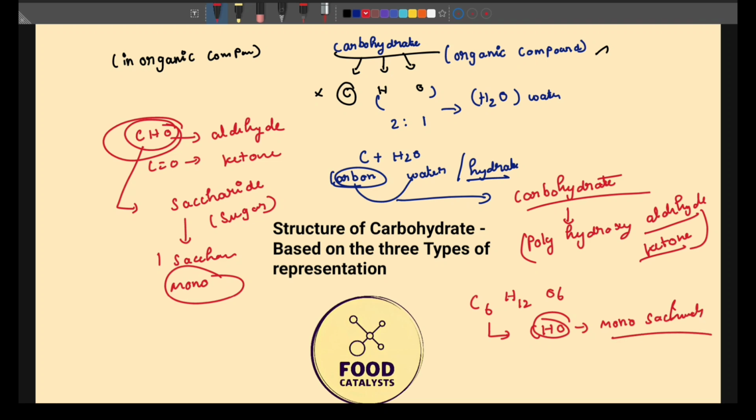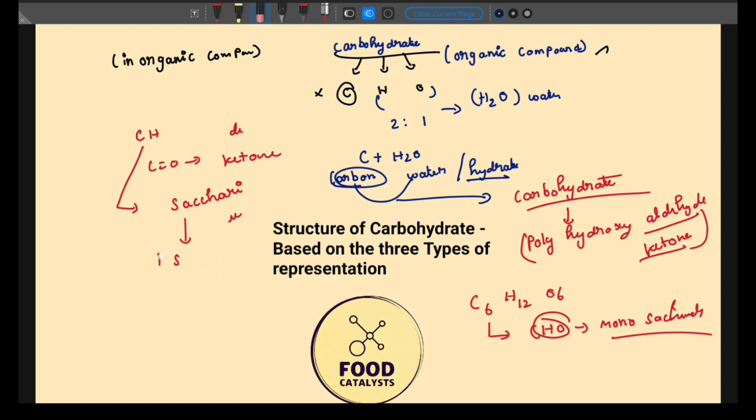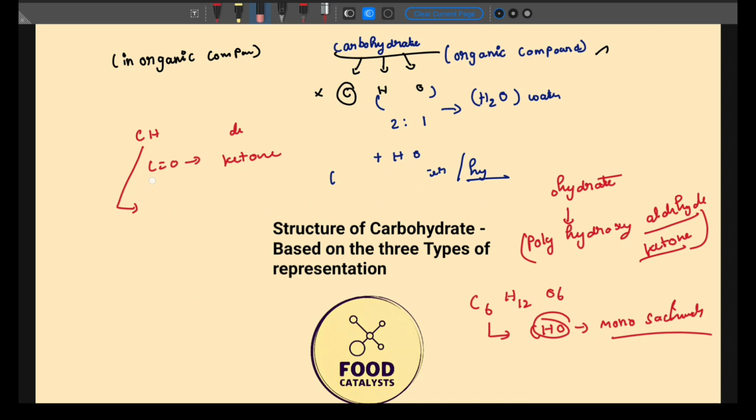These are the important things you need to know before we get into the structure of carbohydrates. So what is the structure of carbohydrates based on three types of representation?